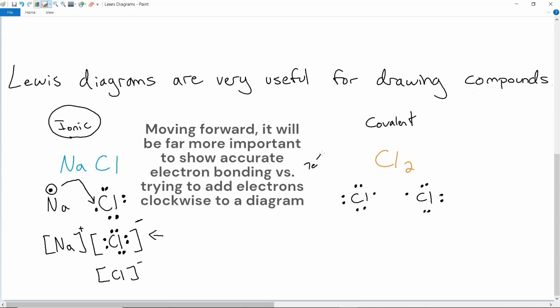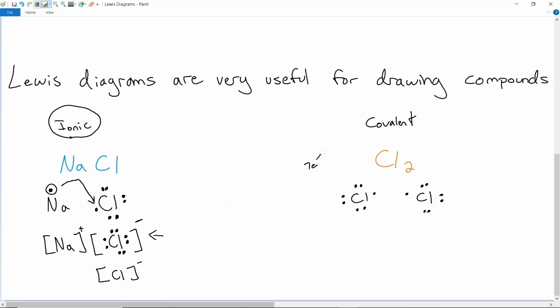Each chlorine atom has 7 electrons in its valence shell, and they're both 1 electron away from becoming stable. So what's going to happen is this chlorine is going to share its electron over here, and this chlorine is going to share its electron over here.